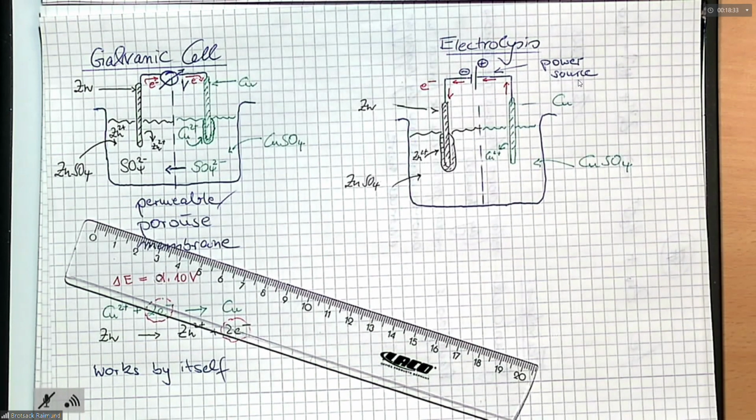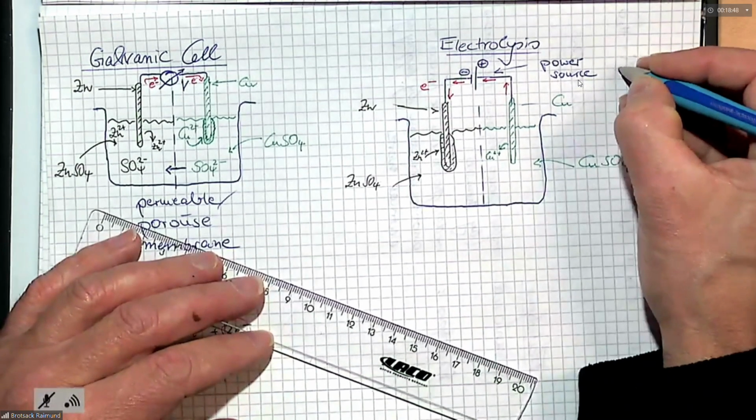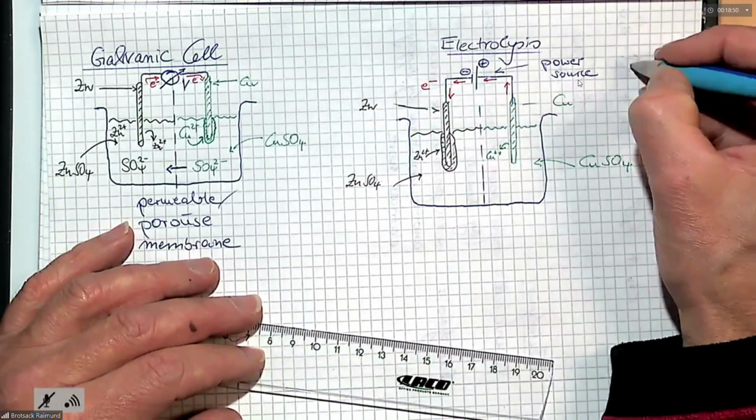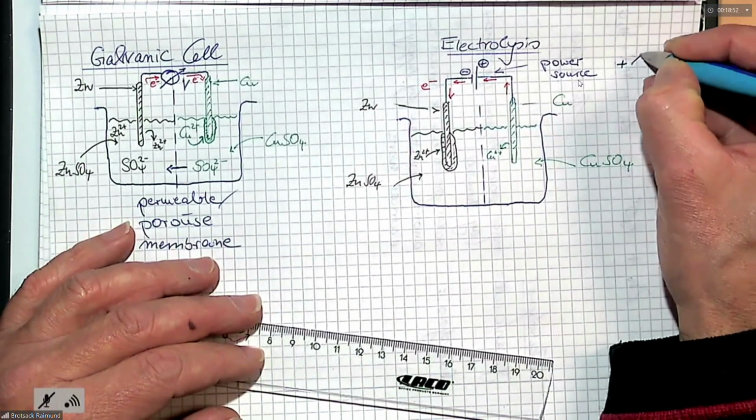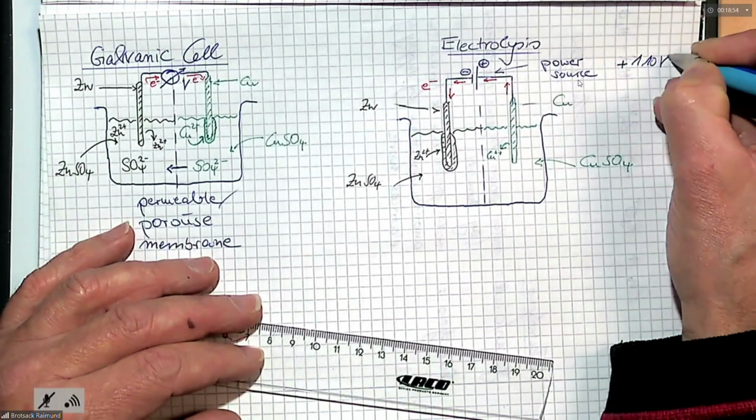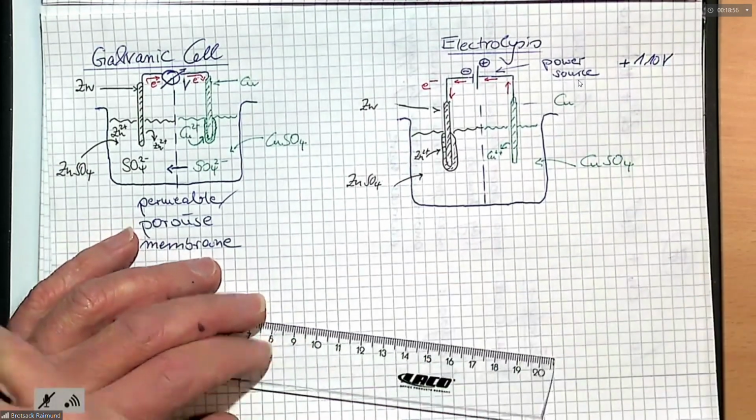What do you think is the minimum of power I have to invest, of potential? 1.1 volt, but in the other direction. So here exactly we need 1.1 volts to push it in the other direction.